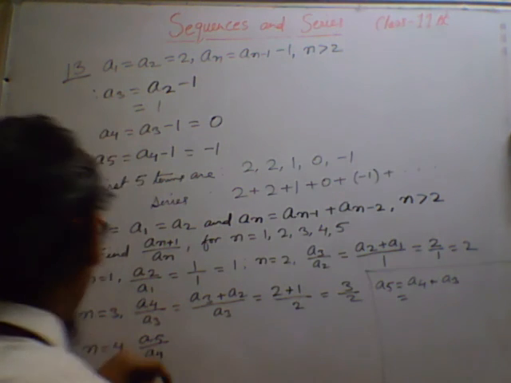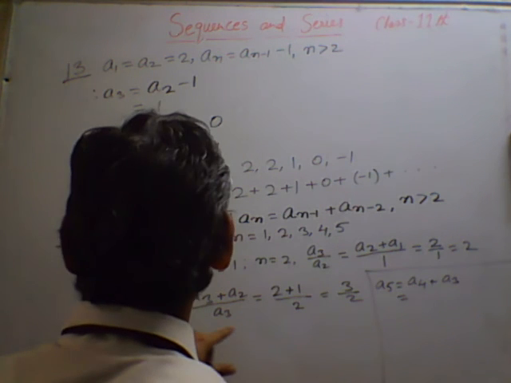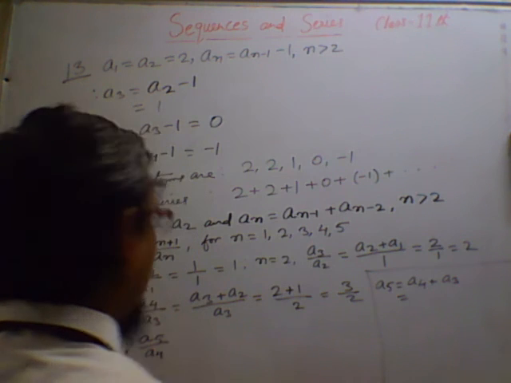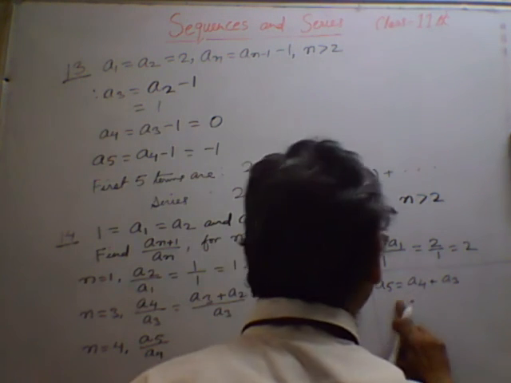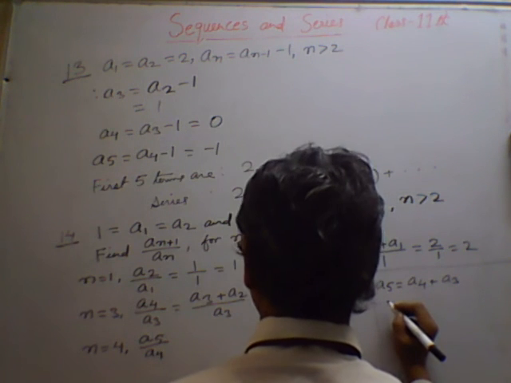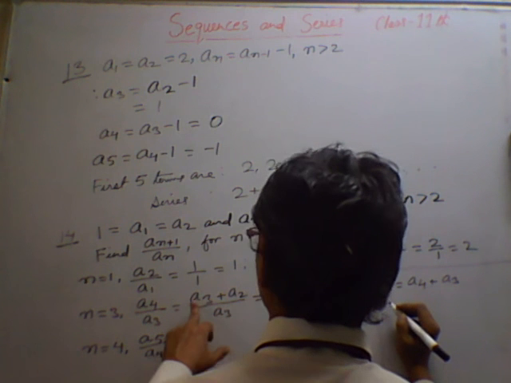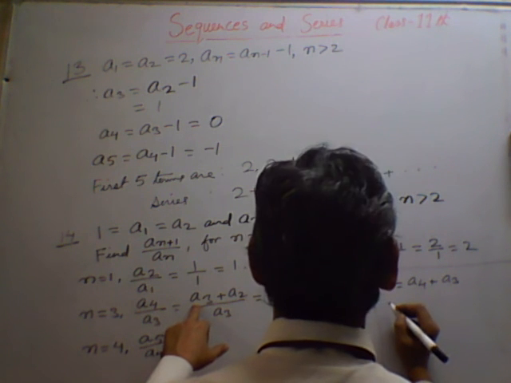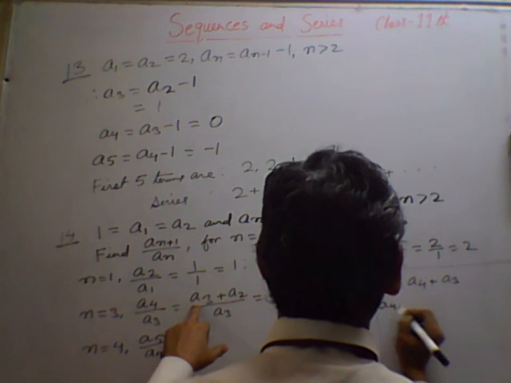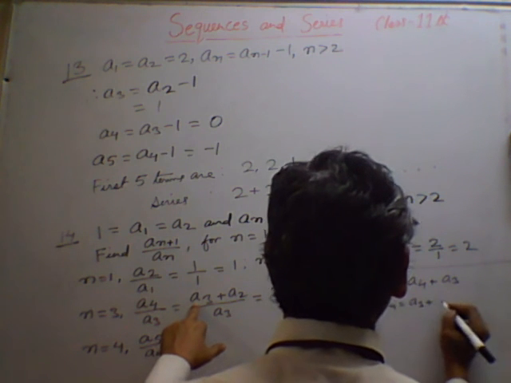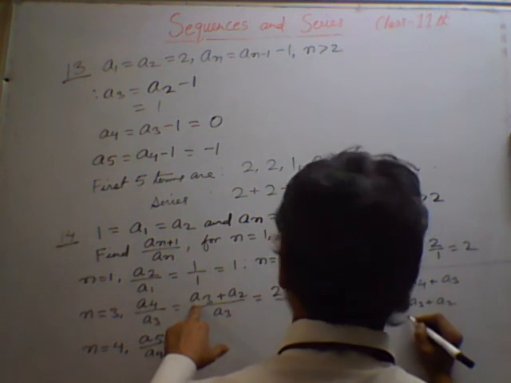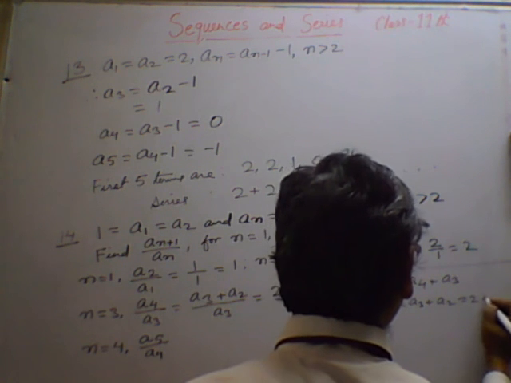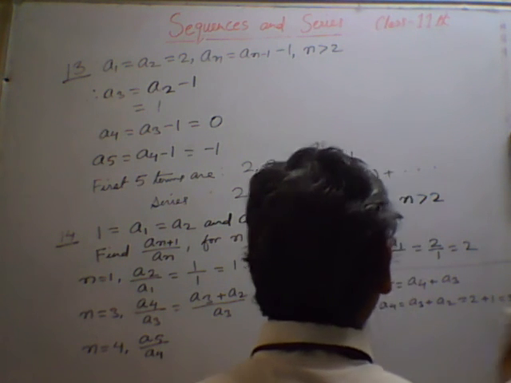So how much is A4? A4 is equal to A3 plus A2, and we have A3 as 2 plus 1, which is 3.